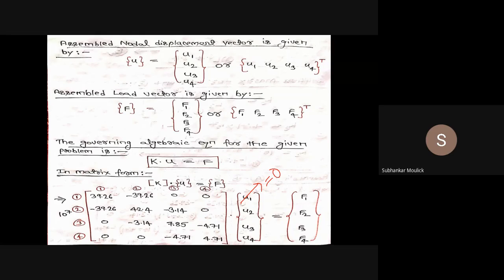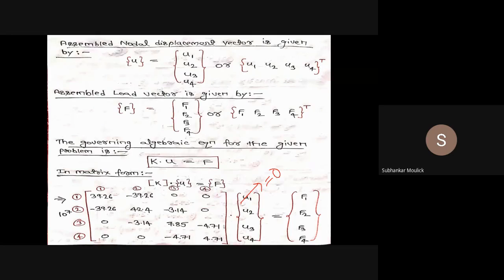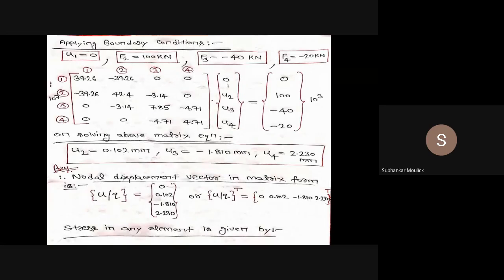So the final resulting matrix equation becomes this particular matrix into U2, U3, U4, since U1 is 0 but the remaining displacements of nodes 2, 3 and 4 will be there, equal to the nodal force vector. No information is given about nodal point 1, so I will take its force as 0.